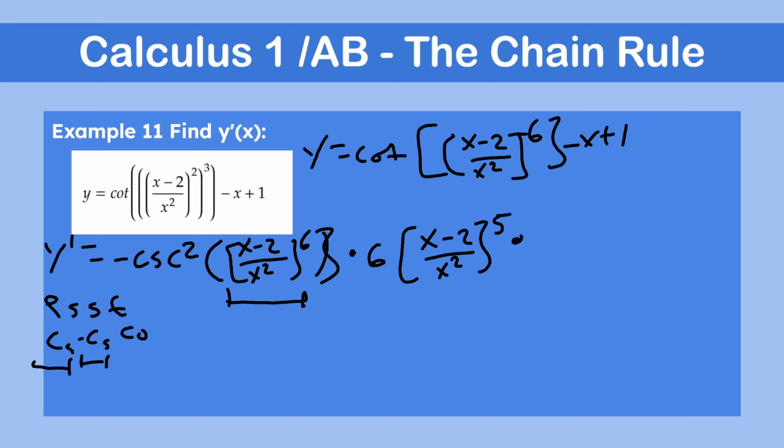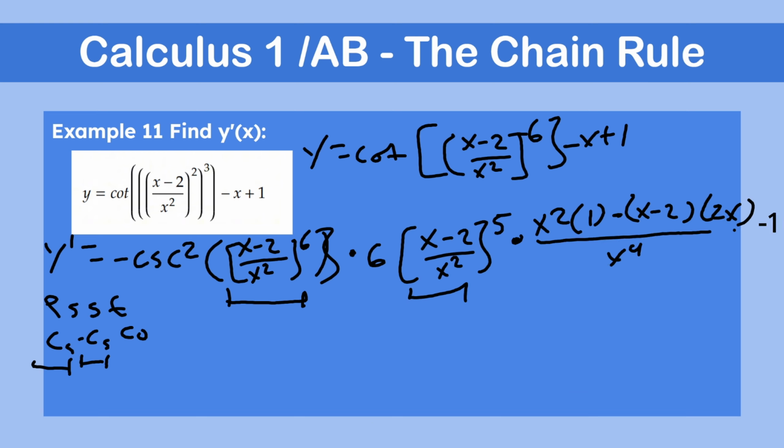And now we're going to take the derivative of the inside, which is going to involve quotient rule. So you have x squared times the derivative of the top, 1, minus x minus 2 times the derivative of the bottom, which is 2x, all over x to the power of 4. So before we do anything, we should simplify this part over here.